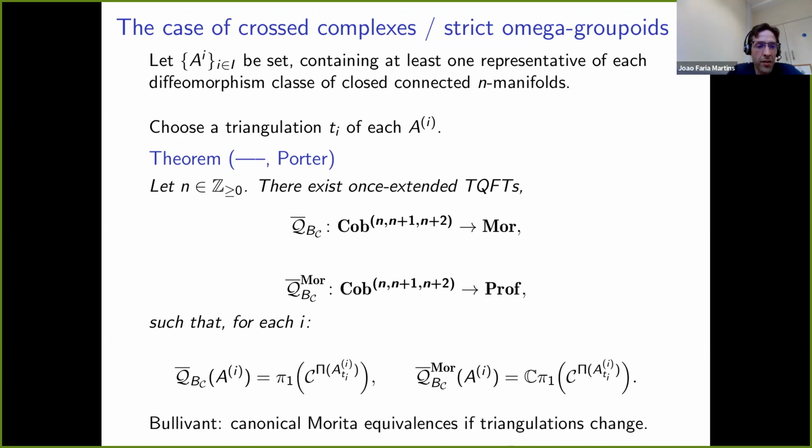And by the way, if you change these triangulations on the manifold, there are canonical Morita equivalences between the algebras thereby constructed. It's not that the algebras are Morita equivalent, it's that there are canonical Morita contexts between the algebras, which is a lot stronger. Okay, and this is a result by Alex Bullivant, essentially in his PhD thesis in Leeds some time ago, but this is the PhD research that sparked a lot of this research.